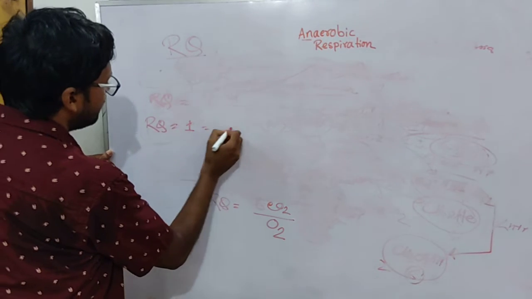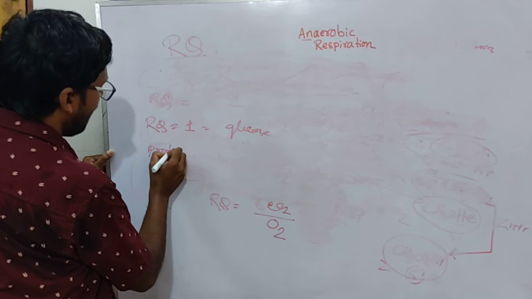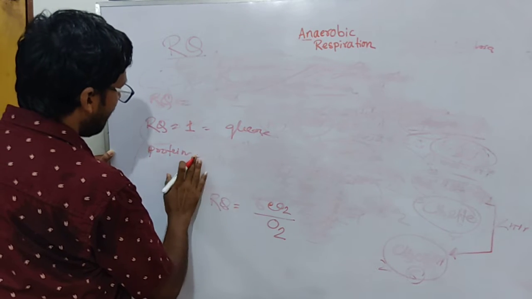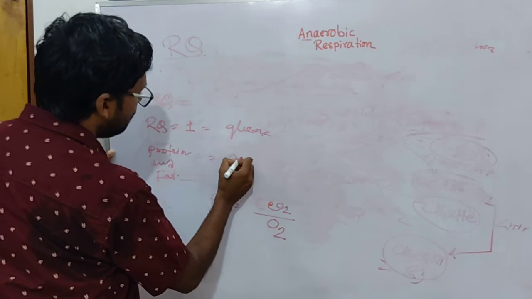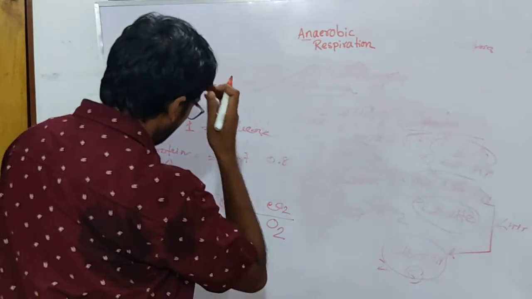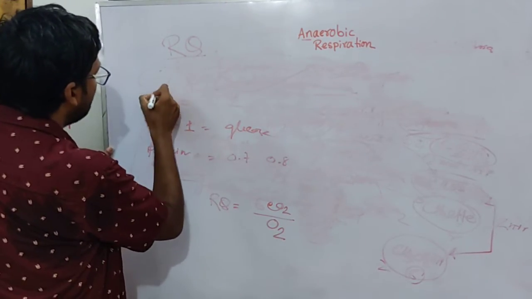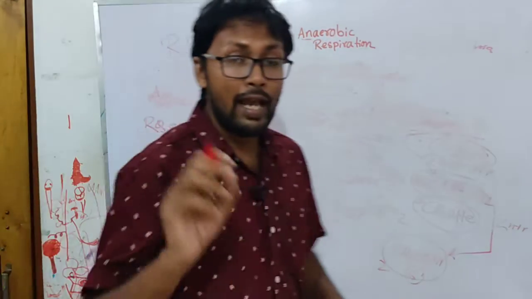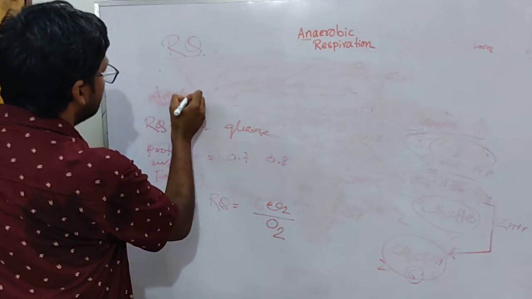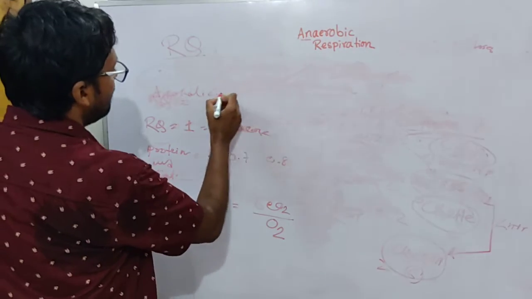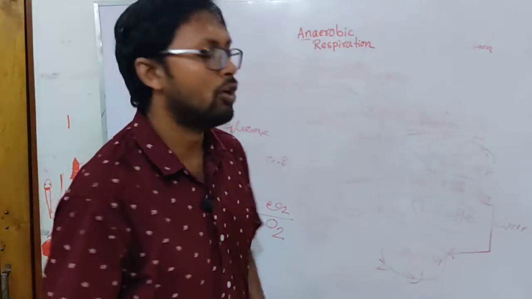RQ is 1 in case of glucose. In case of proteins and fat, it is 0.7 to 0.8. In case of alcoholic fermentation, that I have already discussed. Alcoholic fermentation के time क्या होता है? Alcoholic fermentation के time, carbon dioxide is produced and oxygen is not needed.